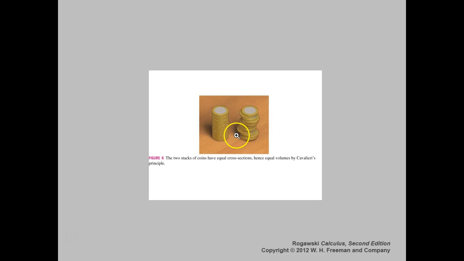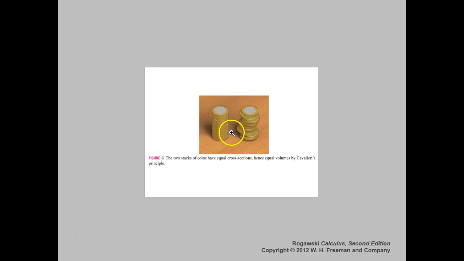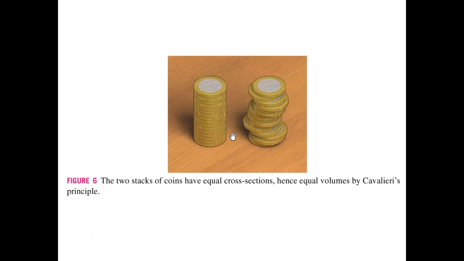And this is sort of the classic representation of that. If you had a stack of coins here, these must be Italian lira or something like that. They're obviously not our coinage because they're silver in the middle and brass on the outside.